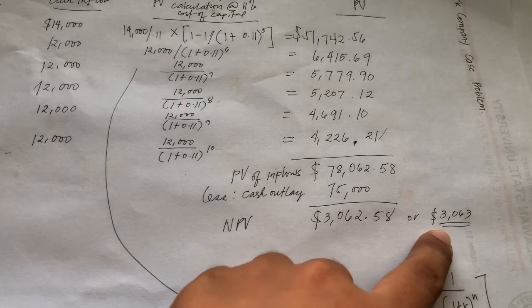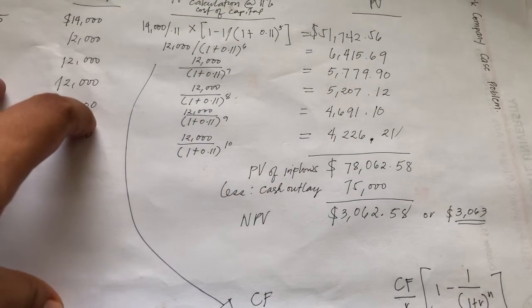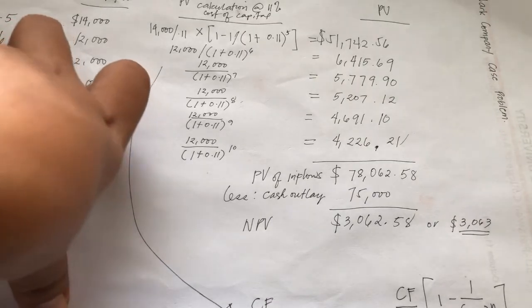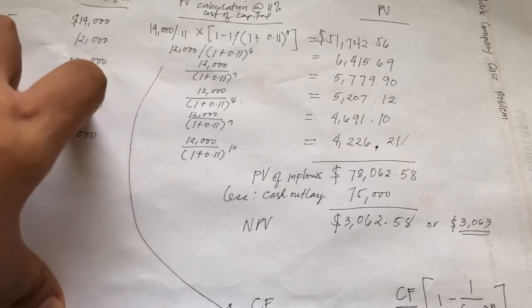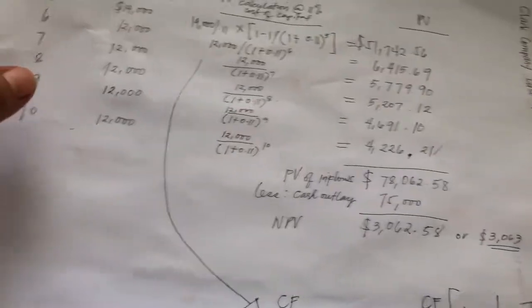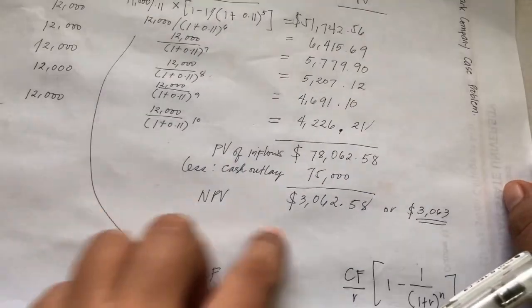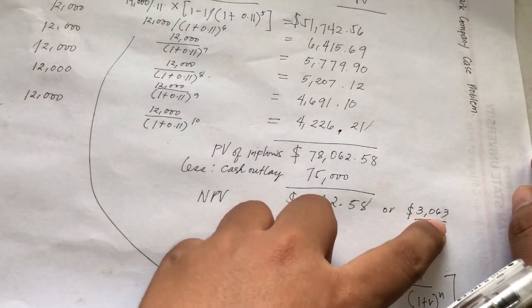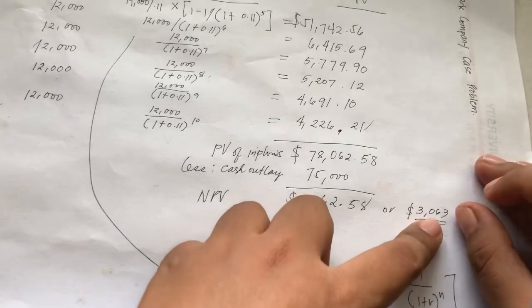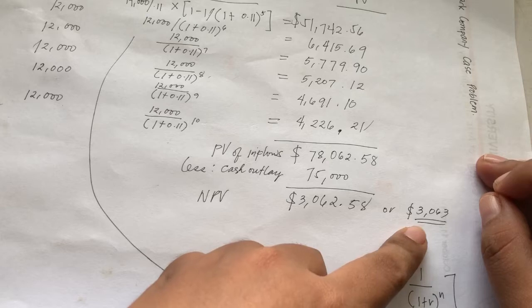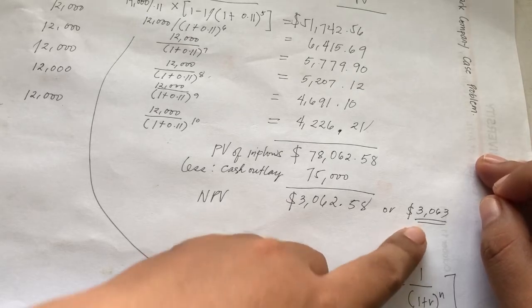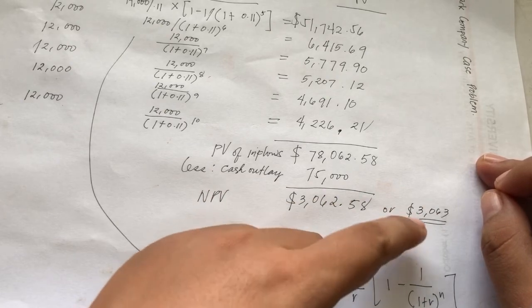Okay? So, alam niyo naman yung rule sa NPV. If it's greater than 0, accept, di ba? If it's less than 0, then reject. So, dito, yung interpretation natin sa Clark Company, since yung NPV niya is 3,063, which is higher than 0, that means, ang indication nun is, if i-acquire ni Clark Company yung Noble Company, tataas yung value ng company ni Clark.